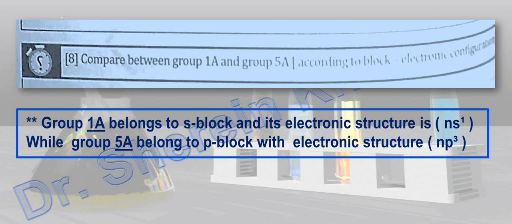Another one, group 5A belongs to the p block, at the right of the periodic table, so we have 5 electrons here: 2 in the s sublevel and the other 3 in the p orbitals. So its electronic structure ends with np, and we have 3 single electrons.